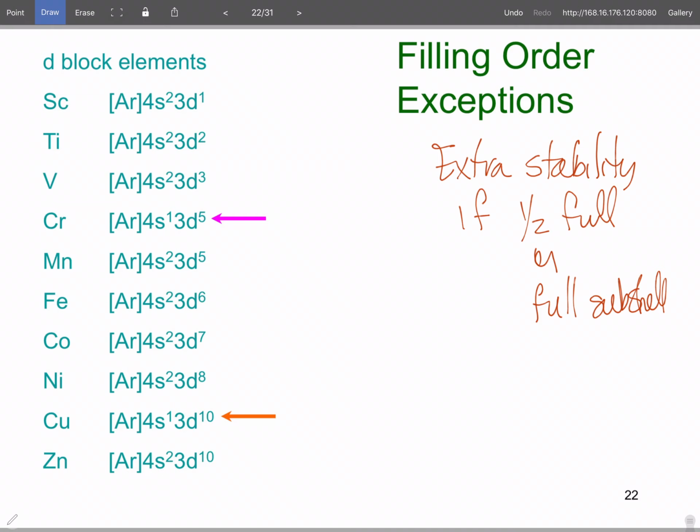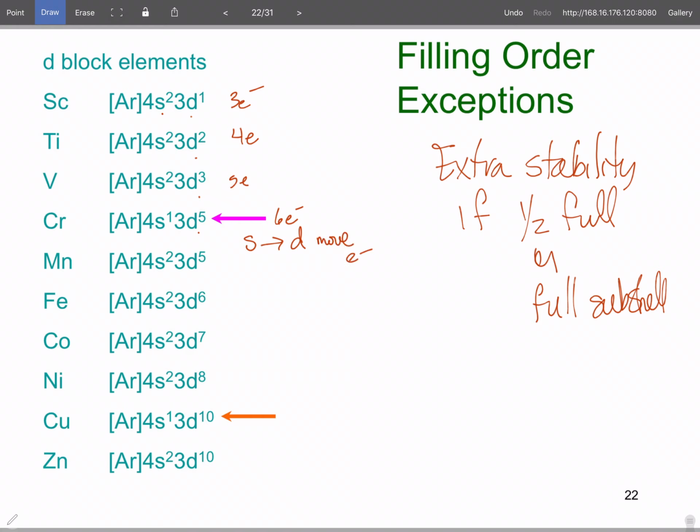So, for example, if we look here, scandium is 4s2, 3d1, then 3d2, 3d3, and then we jump to 3d5. Wait, we don't have any extra electrons because we had 5 electrons here, 4 electrons here, 3 electrons here, so we're going to have 6 electrons here. But what we've done is we've moved 1 from the S into the D. We moved 1 electron.